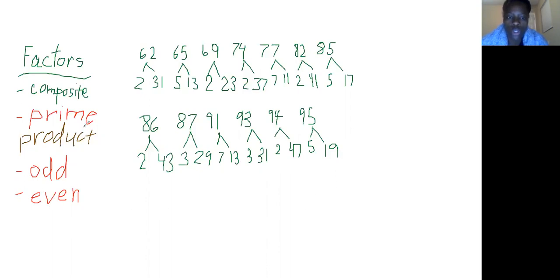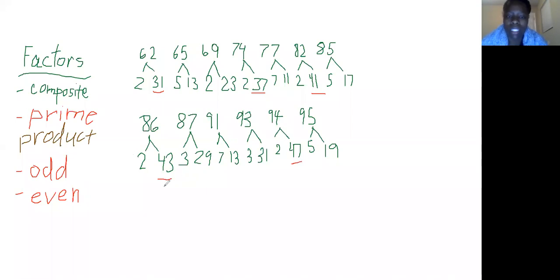Okay, so I want you to also notice other prime numbers that are inside of these factors. 31 is a prime. 37 is a prime. 41 is a prime number. 43 is a prime number. And 47 is a prime number.